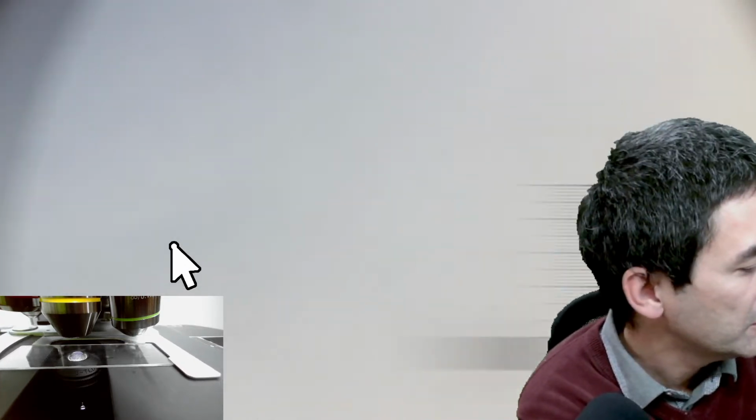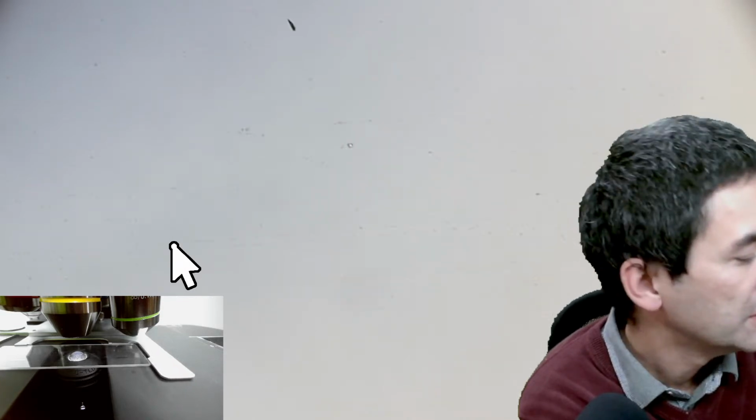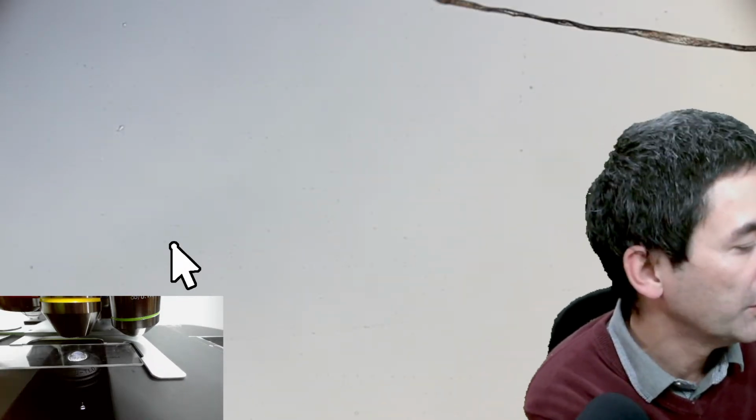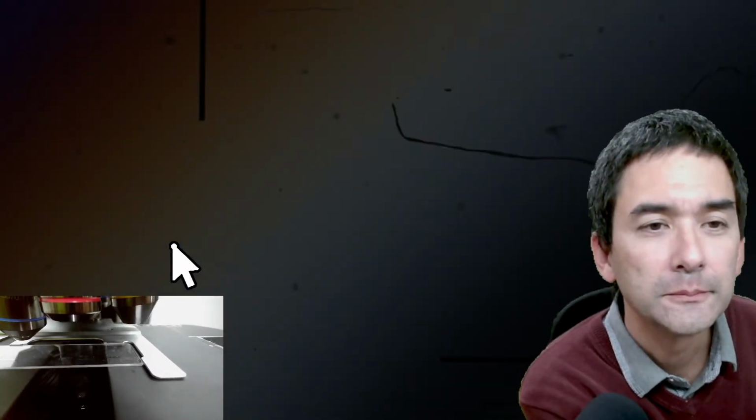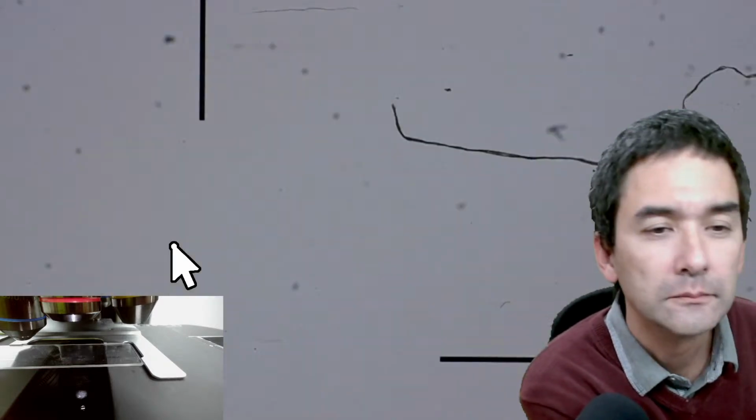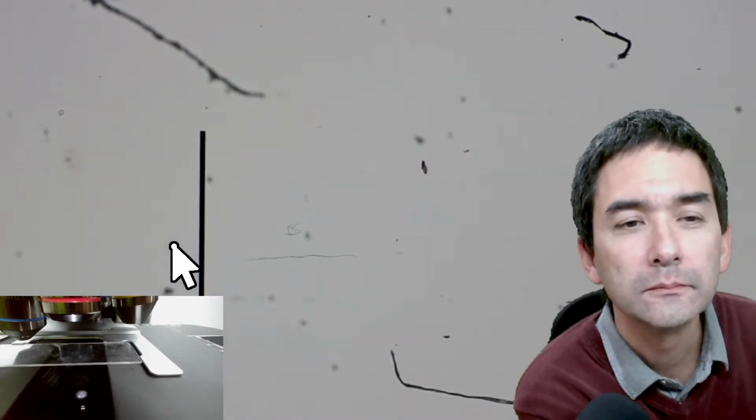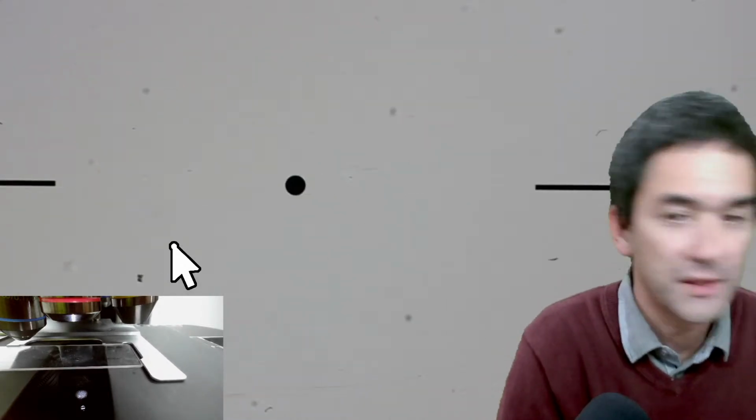Where's the next one? I don't even know where the next one is. You know what, I'm going down with the magnification here. Okay, I have problems finding these things. Here there is a dot of a defined size.